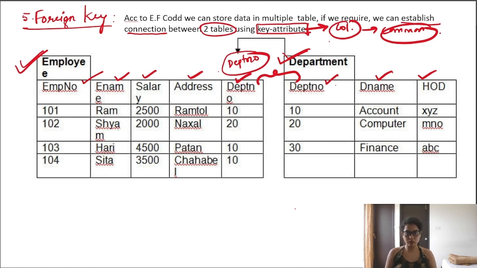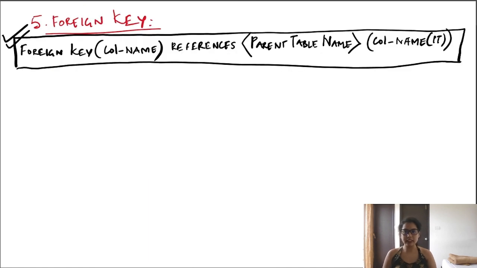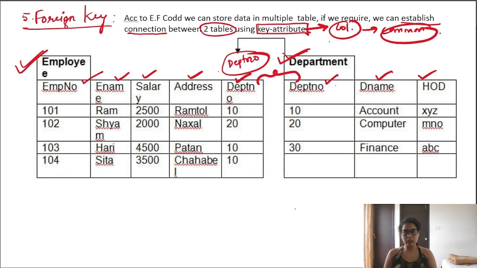Okay. So for that we need a syntax. So this is the syntax of making any column a foreign key. I want to make department number a foreign key of the employee table. And employee number will be the primary key of this table.